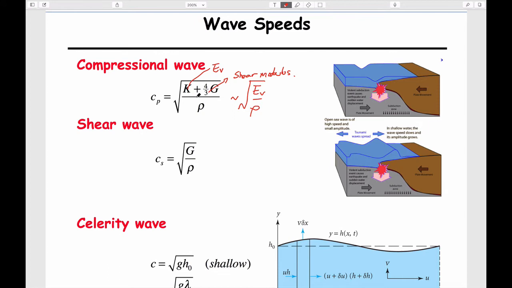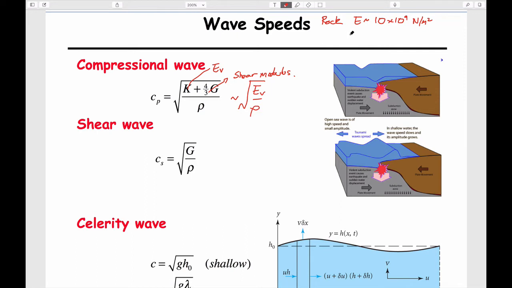It's a function of the stiffness of the medium, but we don't need to worry about the exact magnitude. So from this, for instance, we could estimate the speed of sound in air or in a solid. We know that in a solid rock the modulus is something of the order of, say, 10 times 10 to the 9 newtons per meter squared.